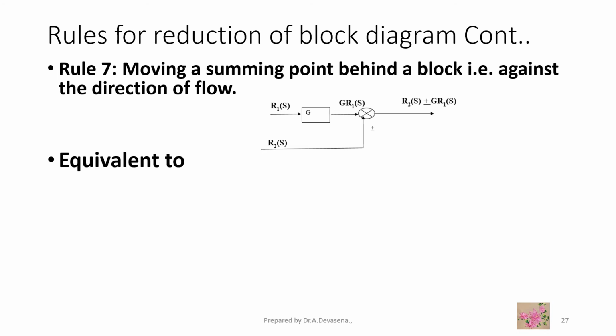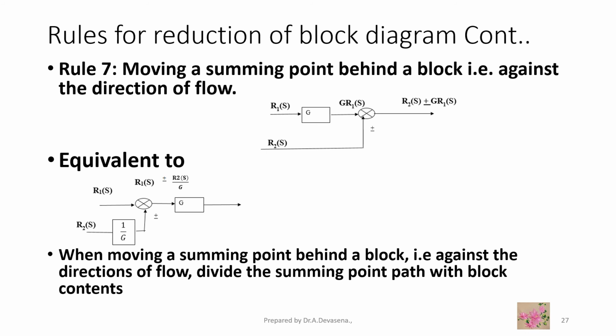The equivalent diagram after shifting the summing point from the output side to the input side, we get the representation like this. That is, when moving a summing point behind a block, that is against the direction of flow, divide the summing point path with the block contents. This is indicated in the above diagram.